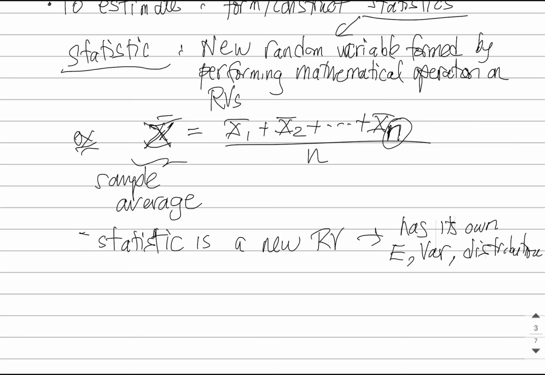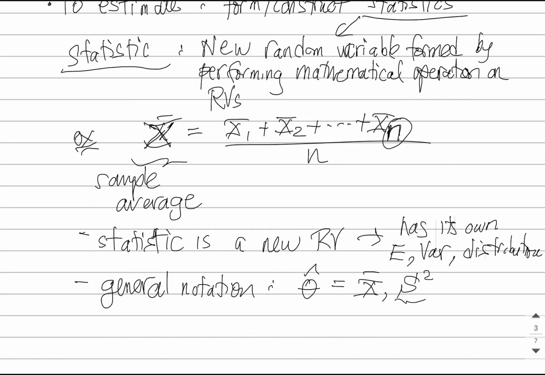We're just introducing terminology. So the general notation is that we are going to use the Greek letter that we're talking about with the parameter, but we'll put a hat on it. So the sample average here is going to be X bar. Another one that we are going to talk about a little bit later is capital S squared. This is going to be what's called the sample variance.